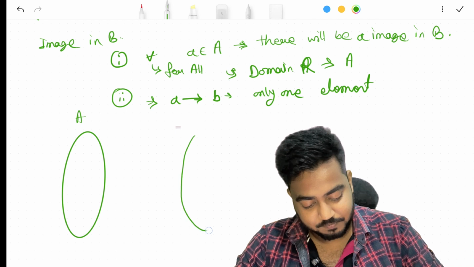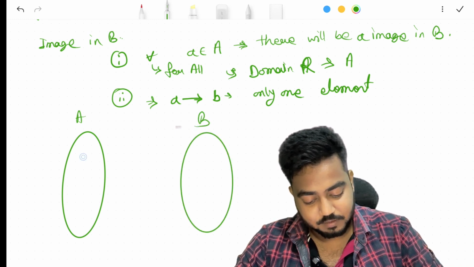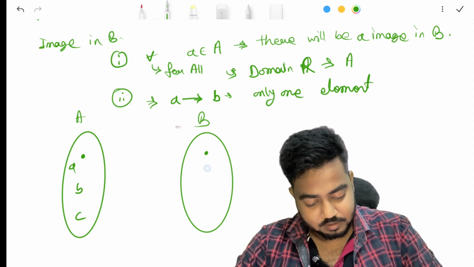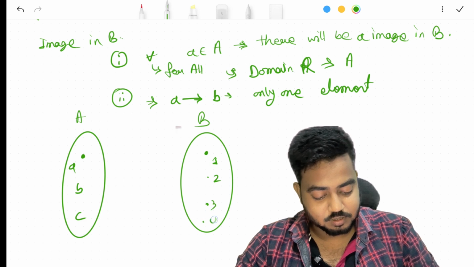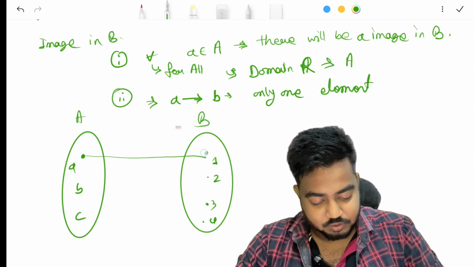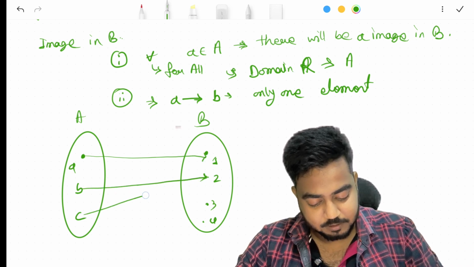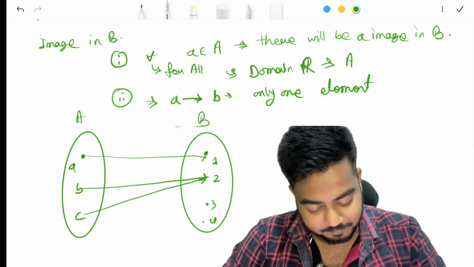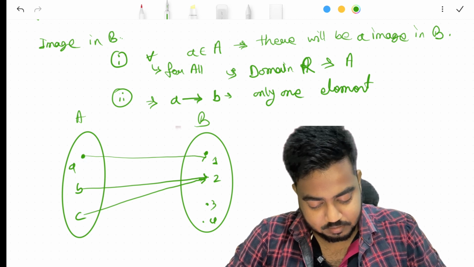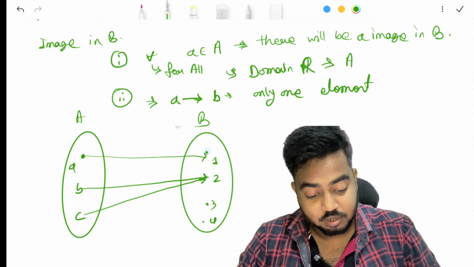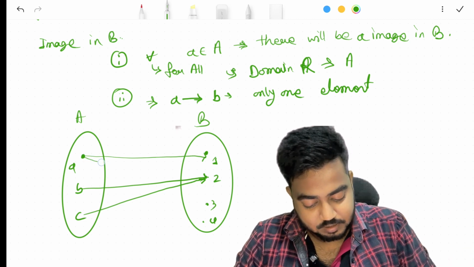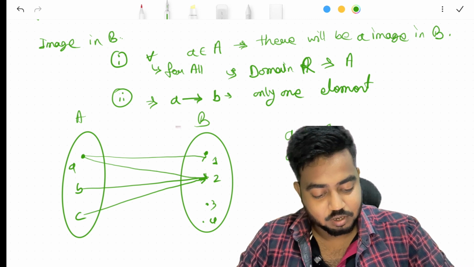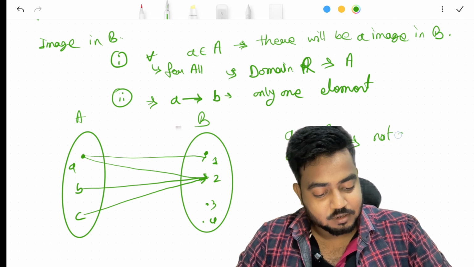Let's say this is A and this is your B. Let's say a, b, c in A and 1, 2, 3, 4 in B. First of all, each element of A will have an image in B. Now second, for each element of A there will be only one image in B. Is this relation possible, where a is going to 1 and a is also going to 2? This is not a function.